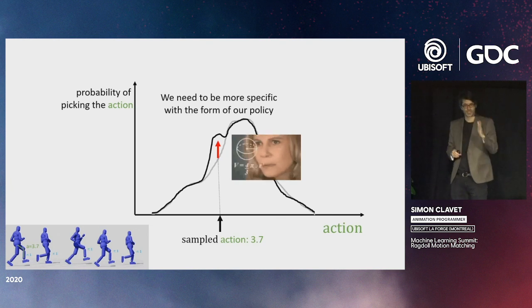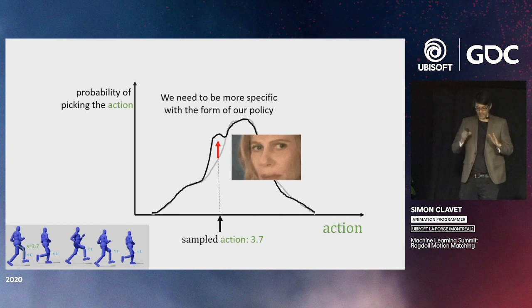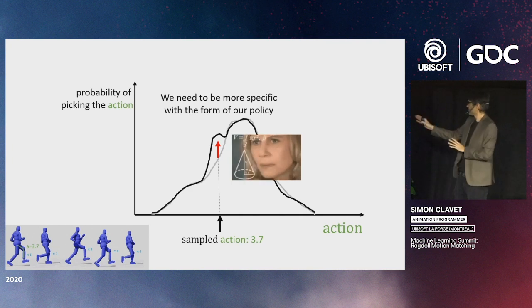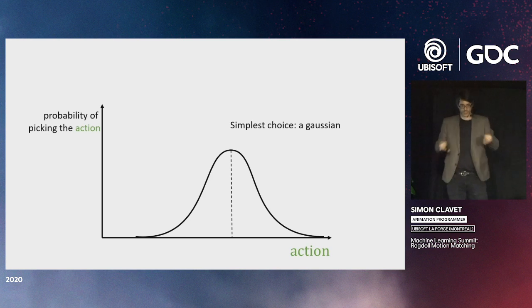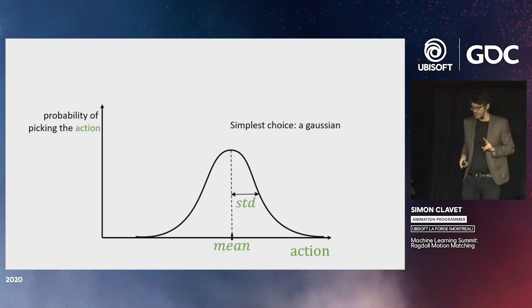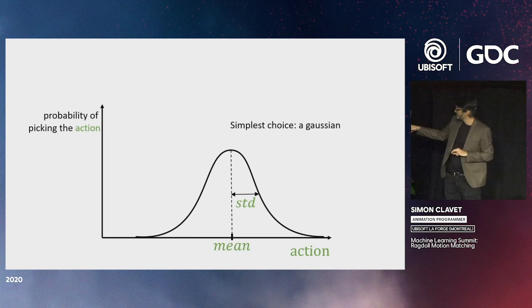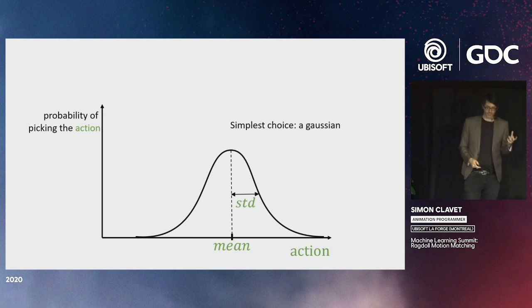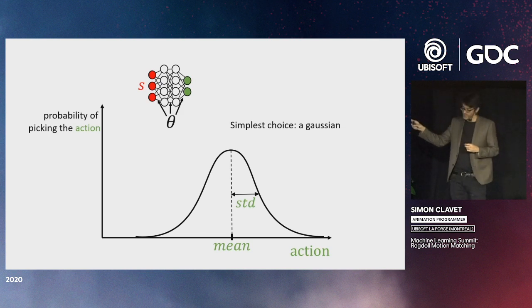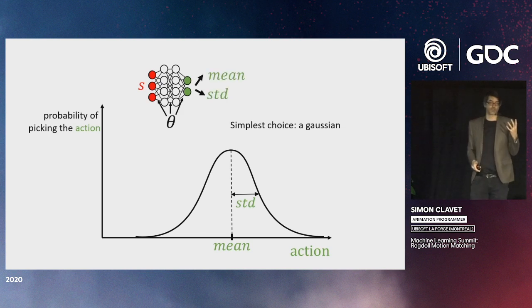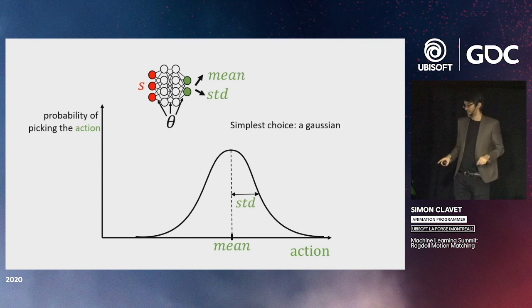We won't do a big table, the tabular thing. We want to be more specific. So the simplest choice is to just pick a Gaussian, a simple curve with just two parameters, the mean and the standard deviation. And now the idea is that our little neural network that was supposed to give us our action will give us instead the parameters of this distribution of actions.